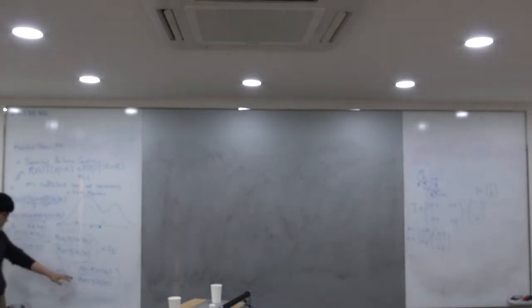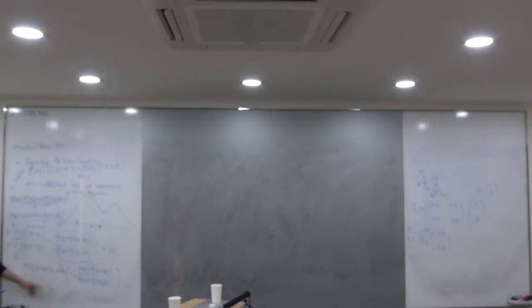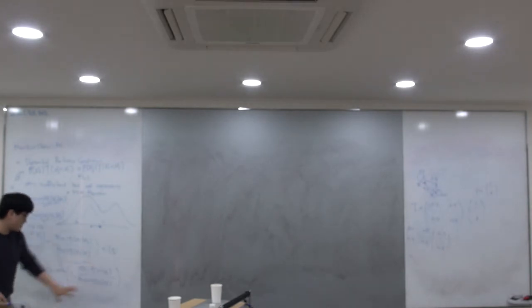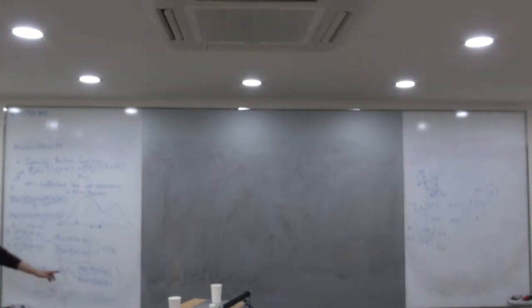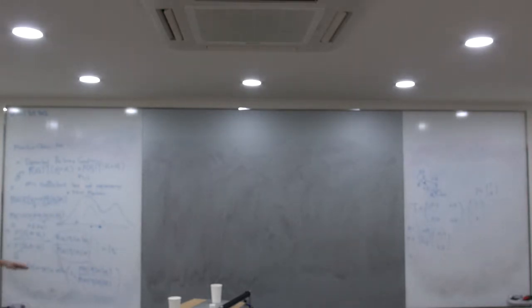What this means is that it's the minimum of 1 and this value. So if this one is larger than 1, then you take 1. And if this one is smaller than 1, you throw the 1 away and just take this one. So for now it is 1.5, so your result will be 1.